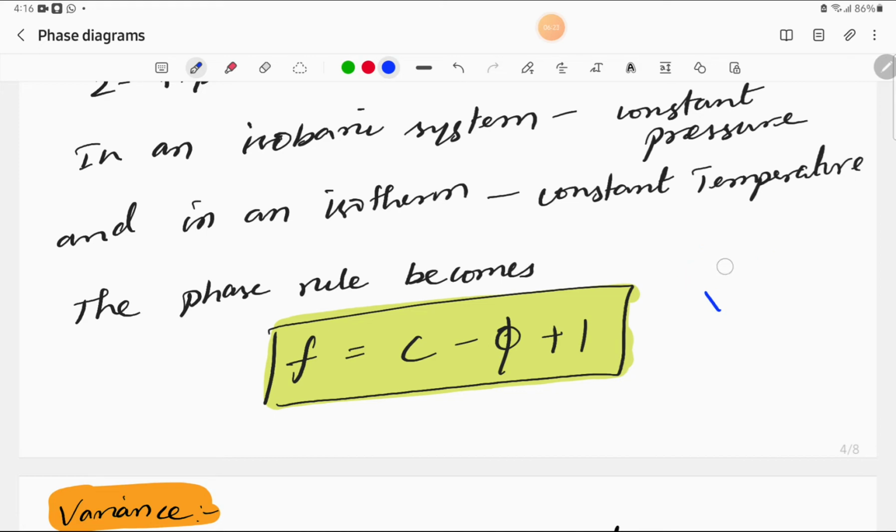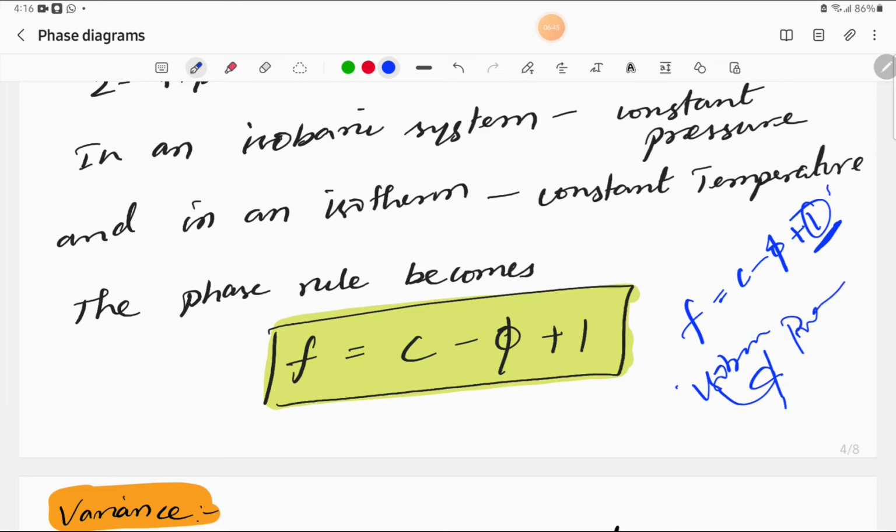If that is the case, then the phase rule becomes F is equal to C minus phi plus 1. If it is an isobaric system, it has a constant pressure, so temperature is the only thing that is changing. So we are excluding the pressure part and including the one intensive variable, that is temperature.